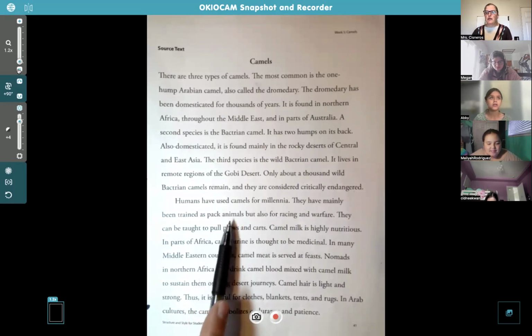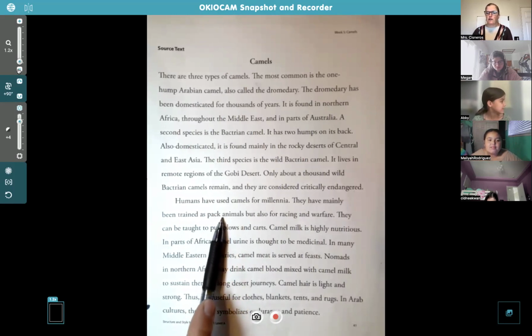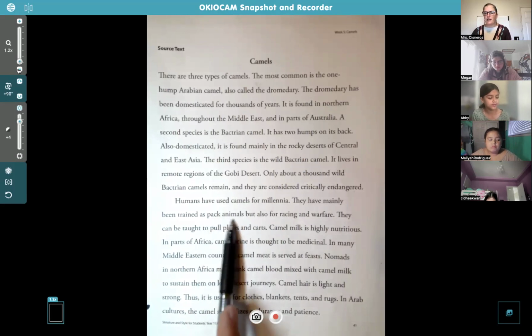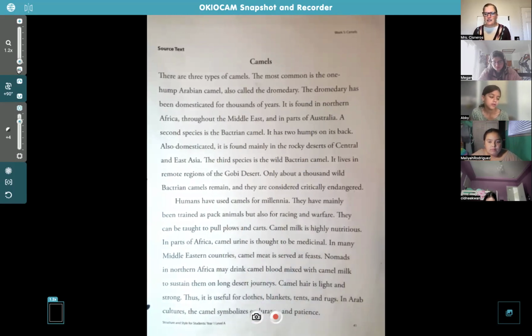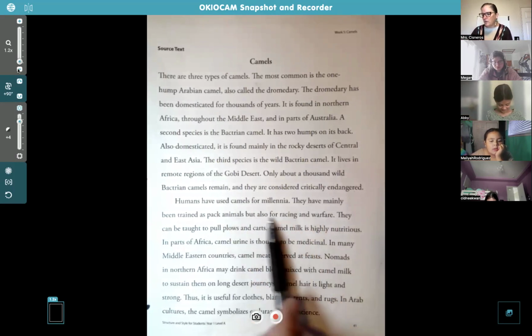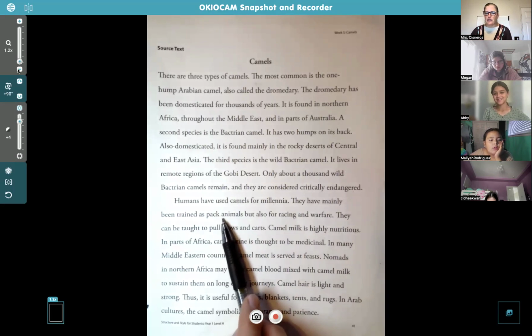I think this one means like they actually carry stuff. That's another way to explain pack animals. They pack stuff like a backpack on their backs, right? They carry supplies for the people who are traveling. But you're right. Pack animals are like wolves. They move in a pack, like a group. So you're right, Abby. I think in this one though, they're talking about carrying stuff.